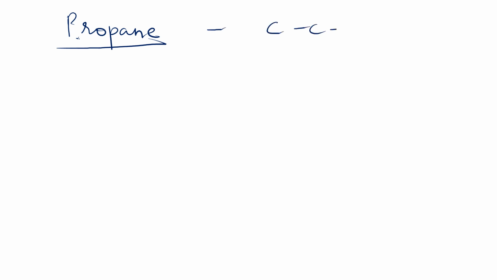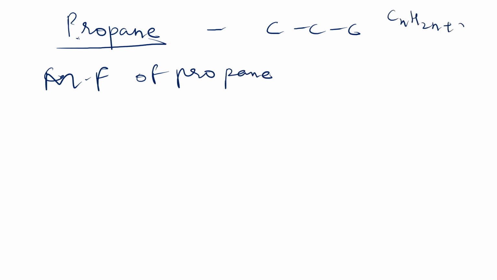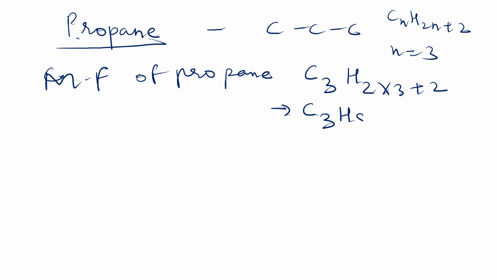So what should be the molecular formula of propane? If we use the general formula CnH2n plus 2, n is 3 for propane. So it is C3H2 into 3 plus 2. So the formula becomes C3H8. This is the molecular formula of propane.